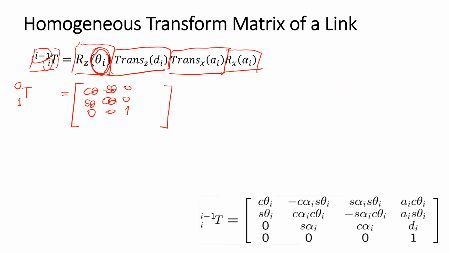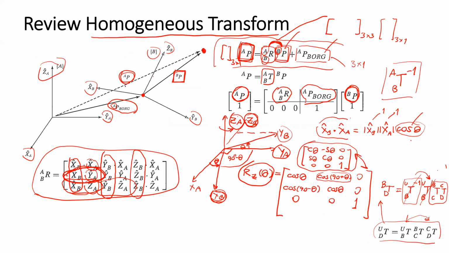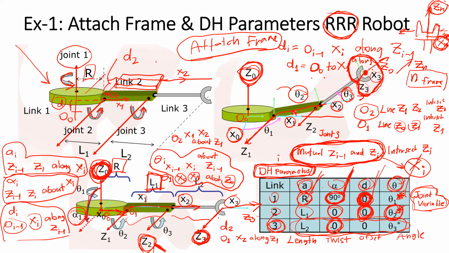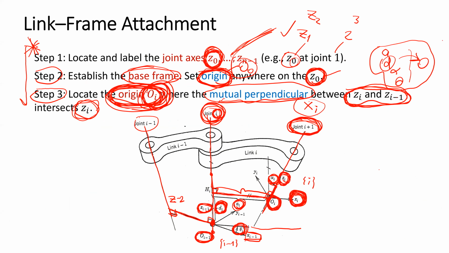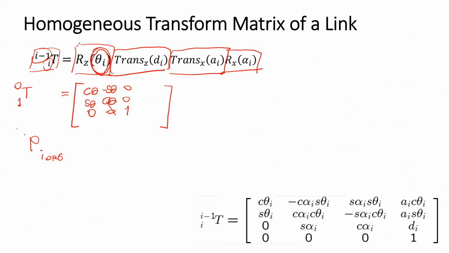How about the position change? When we just rotate the frame with the angle, the frame origin doesn't change. So the position of the origin of frame i with respect to i-1 doesn't change.